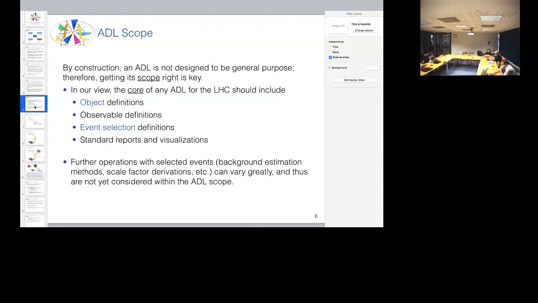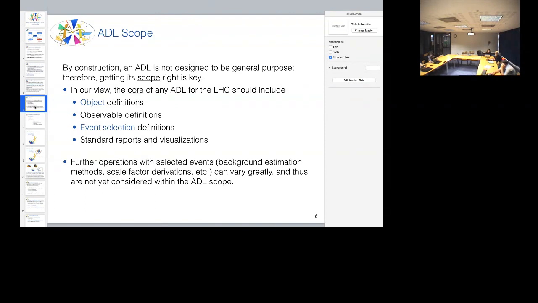But in our view, the core of any analysis description language for use at the LHC should include, presumably, object definitions, observable definitions, definition of event selections, and ideally, standard reports and visualizations of analyses.